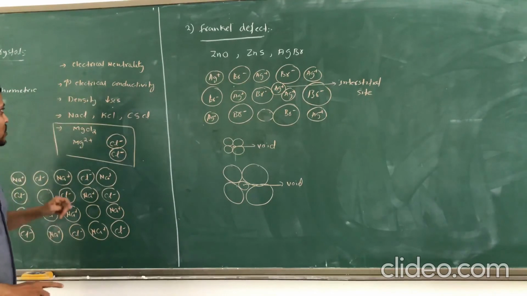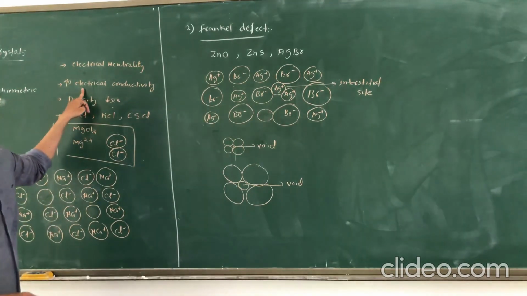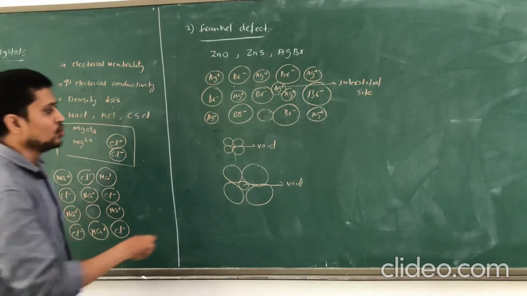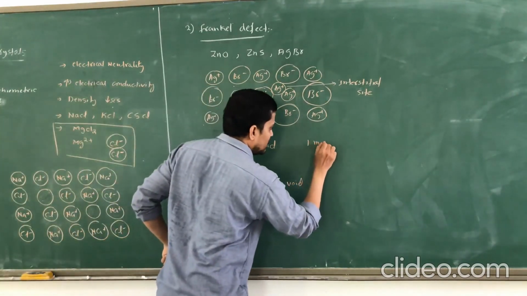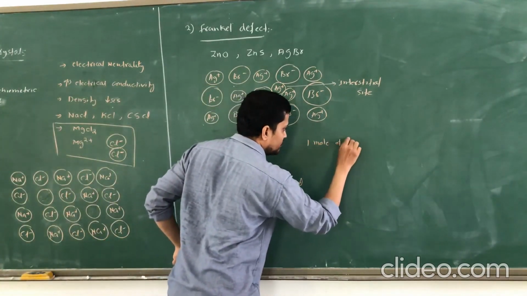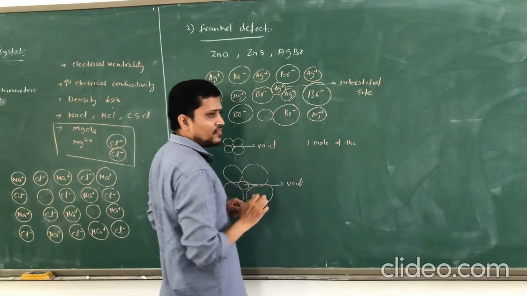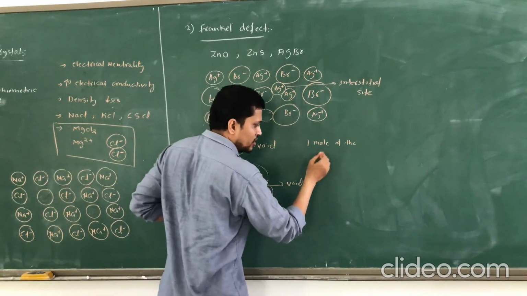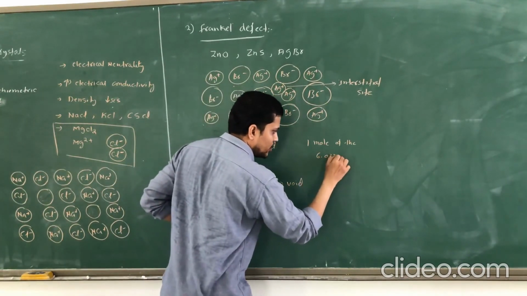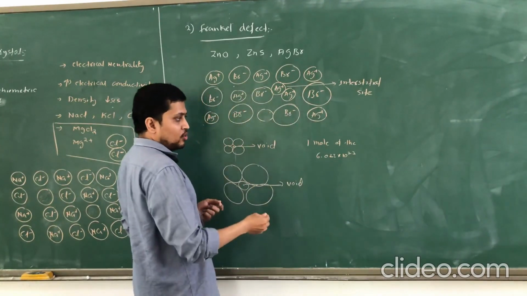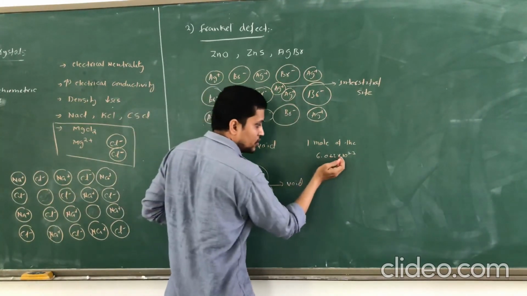Now, when we consider electrical conductivity, it slightly increases, not very much. Suppose I take 1 mole of the crystal. 1 mole is equal to 6.023 times 10 to the power of 23 molecules of the crystal.